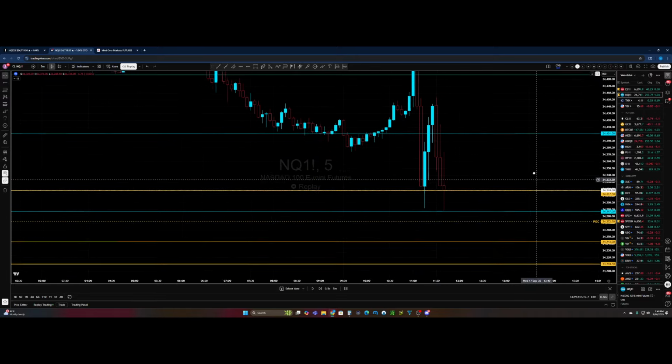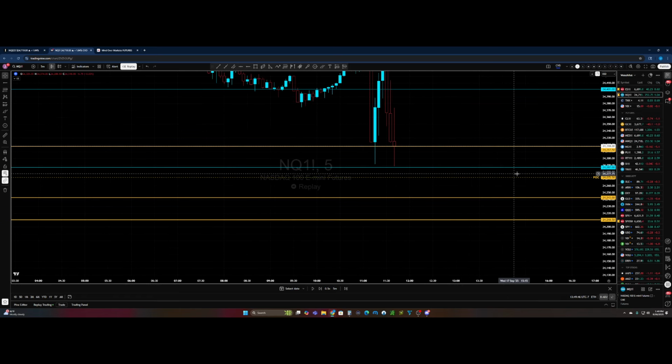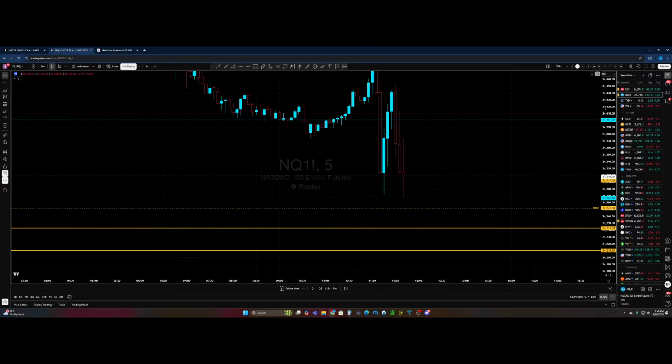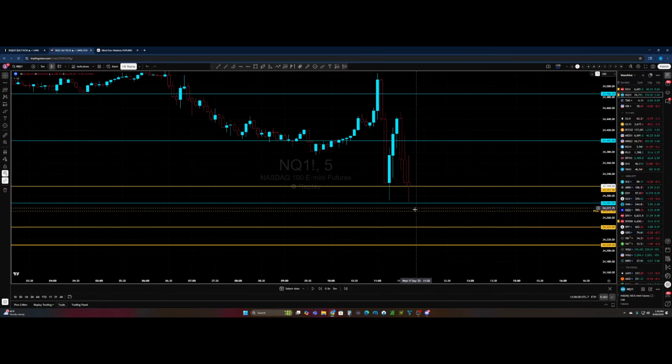So now I would want to keep an eye on potential levels below because that is where we would find value for another trade. Keep in mind, the sellers lost this battle right here. Now we are going to ask ourselves, are they going to win the battle or are they going to lose again?